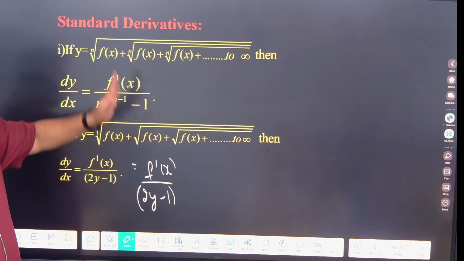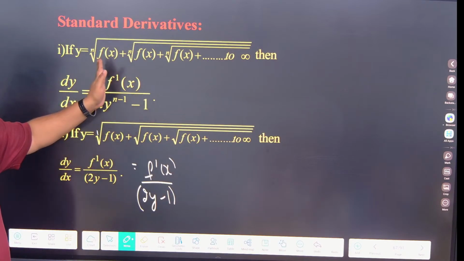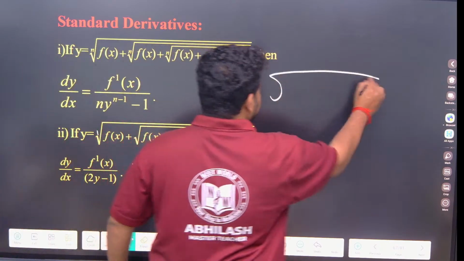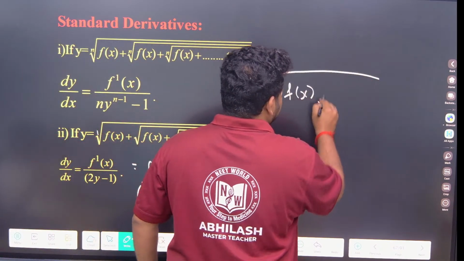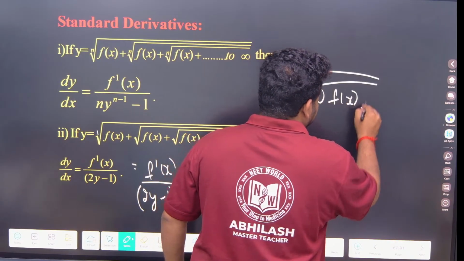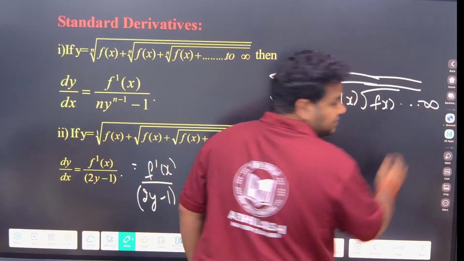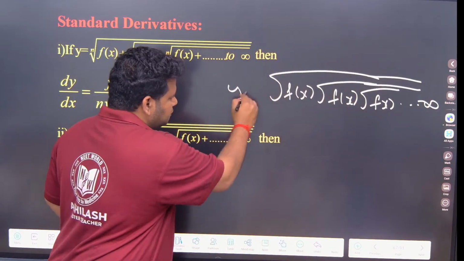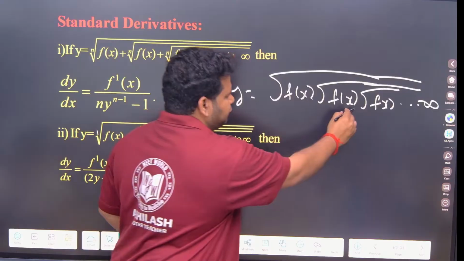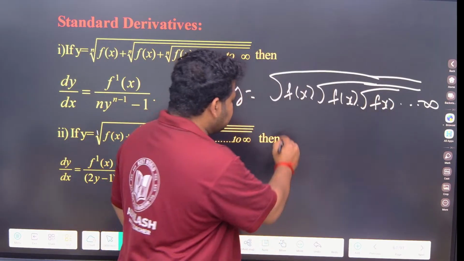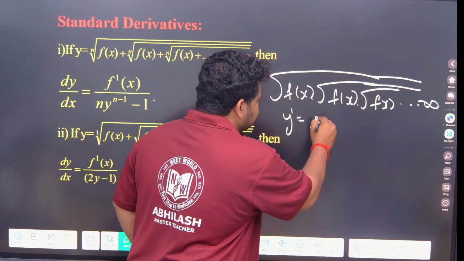But before this, I will tell you one more trick, one more shortcut. Please focus. If they have given y is equal to square root of f of x into square root of f of x into square root of f of x up to infinity, that is multiplication instead of plus, then y dash will be equal to f dash of x.